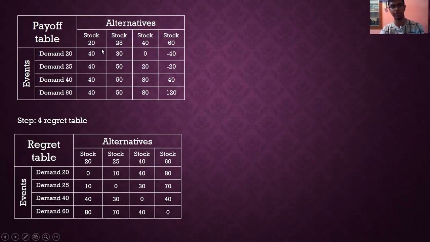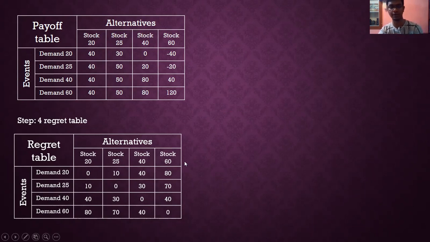We select that highest value, and the rest of the things we subtract from this highest value, like 40 minus 40, 40 minus 30, 40 minus 0, then 40 minus of minus 40. Like this, we subtract from the highest value, and the balance values will be written here in the regret table. So like this, we are going to prepare a regret table with the help of the payoff table.